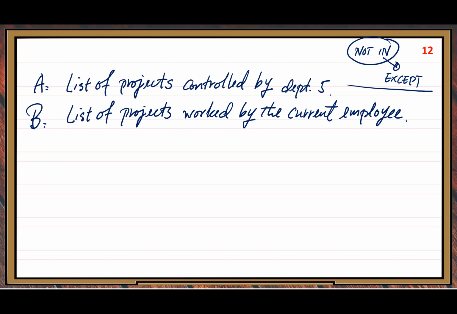What do we need from the condition? If you still remember, we want to find those employees who work on all the projects controlled by Department 5.